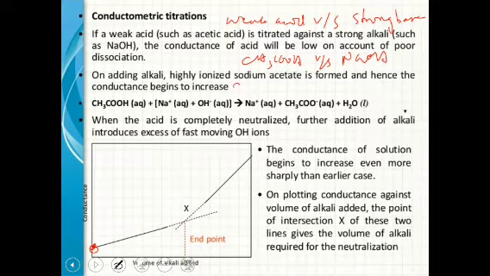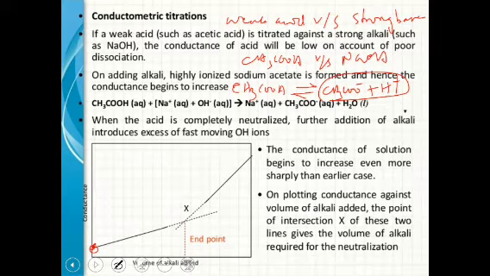Acetic acid is a weak electrolyte because the degree of dissociation is very, very low. CH3COOH dissociates into CH3COO- plus H+. The dissociation of the acetic acid is very low, so initially it shows a low conductance value.